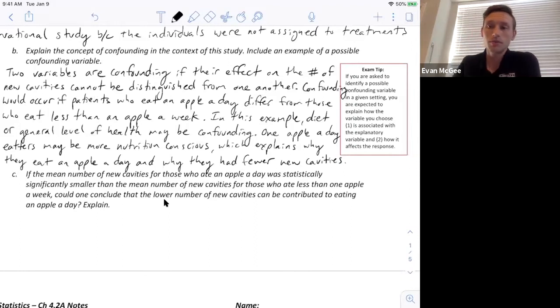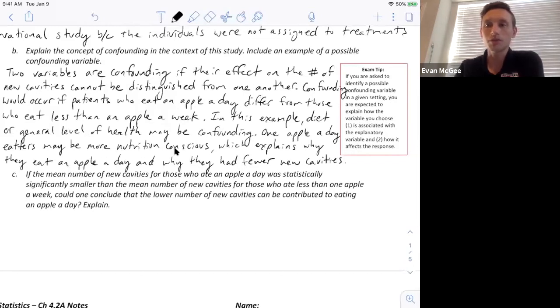So a hint about how to identify or think about confounding, you can see here, is if you're asked to do this, then you're going to be expected to do two things. You're going to have to say how some variable is associated with the explanatory variable and how it affects the response. So what I did is I talked about how one apple a day eaters, that group, they could be more nutrition conscious.